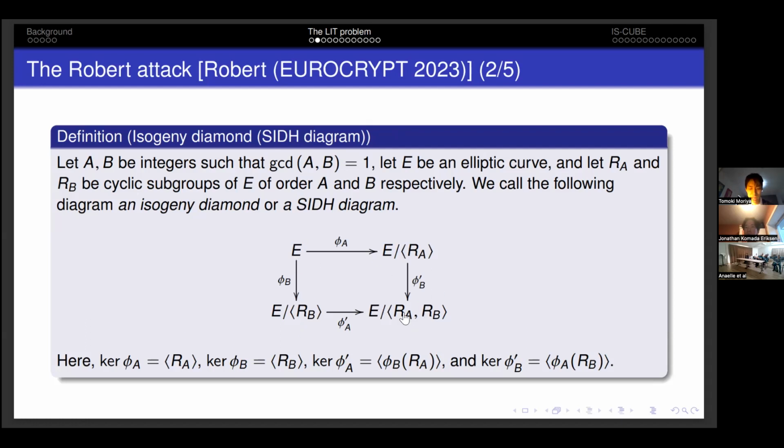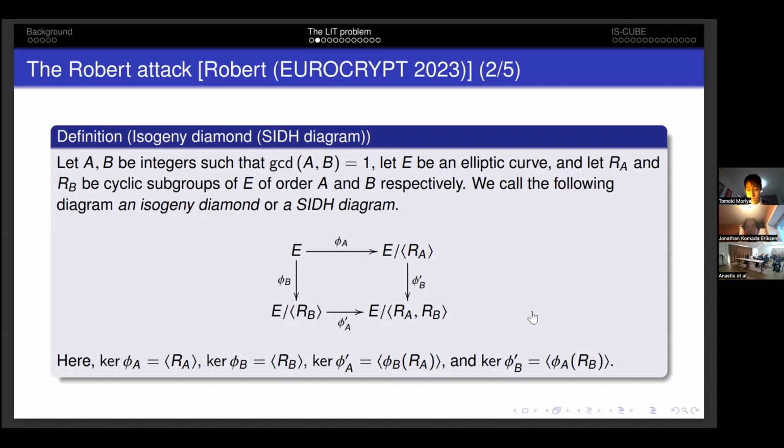So this diagram is an isogeny diamond. And precisely speaking, let A and B be integers such that they are coprime. Let E be an elliptic curve, and let R and S be subgroups of E of order A and B respectively. And we can construct this commutative diagram. And we call this commutative diagram an isogeny diamond or SIDH diagram.